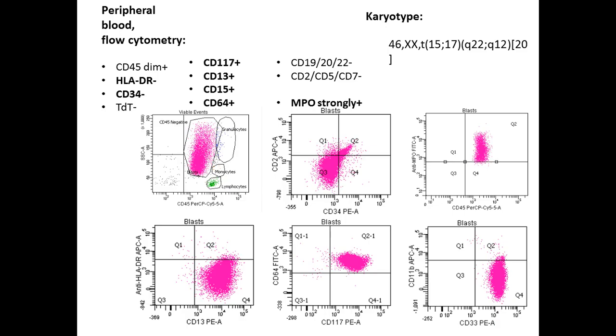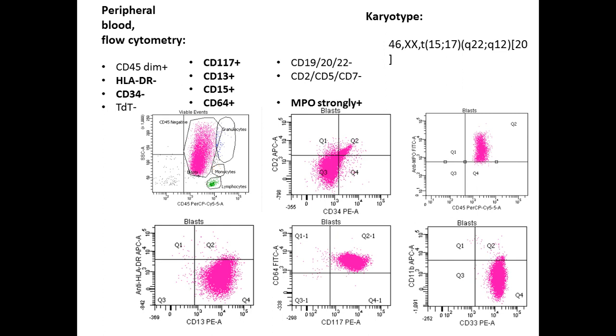The typical immunophenotype of acute promyelocytic leukemia, which, as I noted before, is HLA-DR negative, CD34 negative, because these are more mature cells. They co-express myeloid markers and are characteristically very positive for myeloperoxidase.